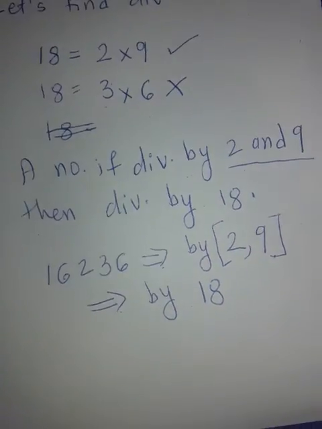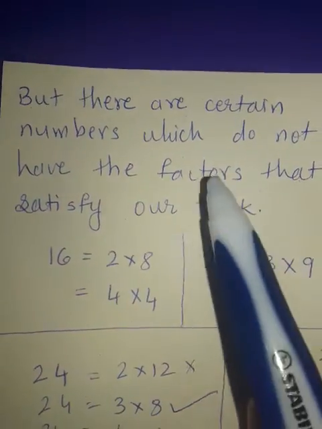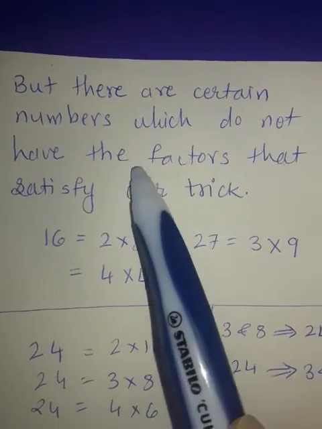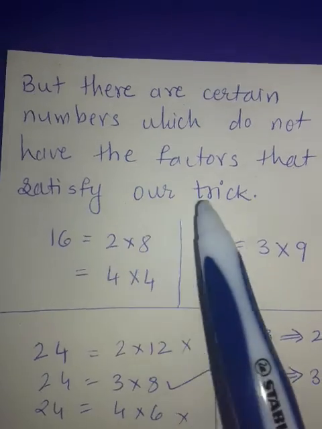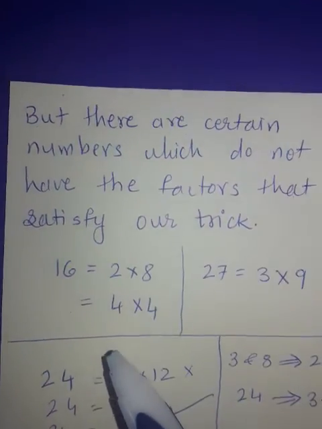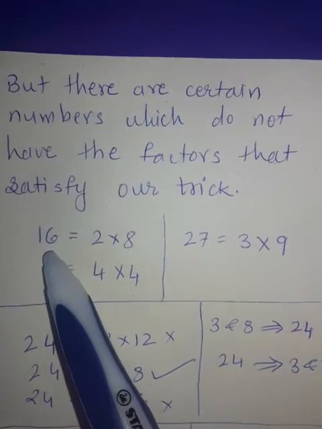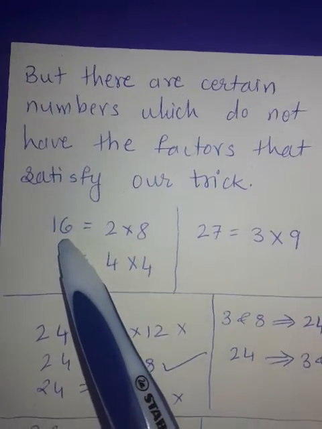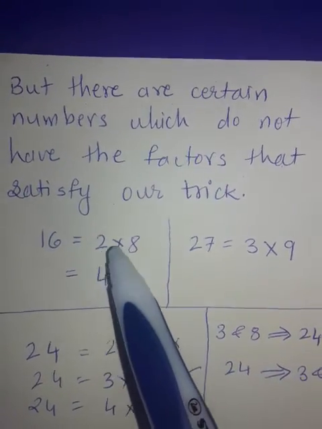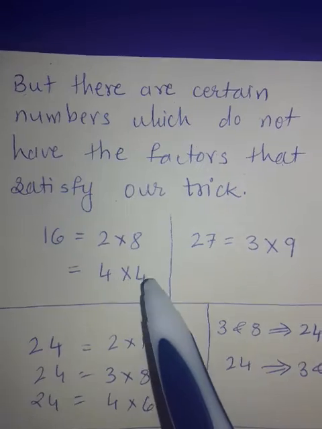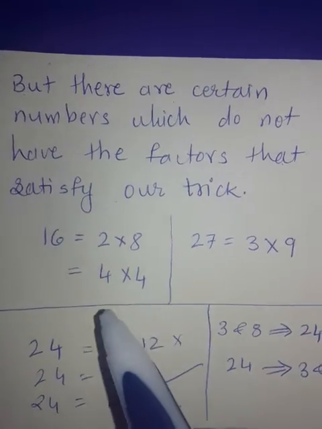Was it easy? But there are certain numbers which do not have the factors that satisfy our trick. Let's see what I mean by this. If I consider number 16, how do I factorize it? It is 2 into 8 and 4 into 4, no other factors.